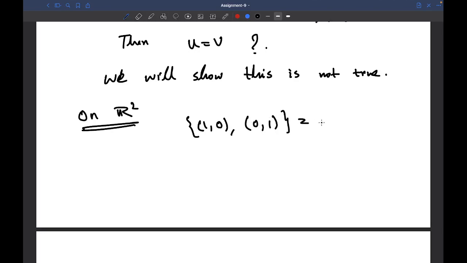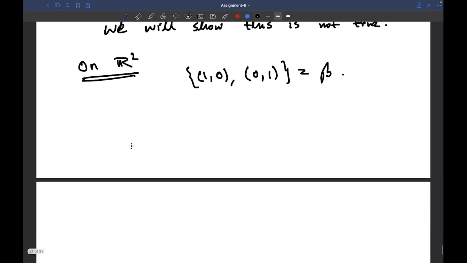These are the bases, so we take beta to be the basis of this. Take W to be, suppose, (1,0).